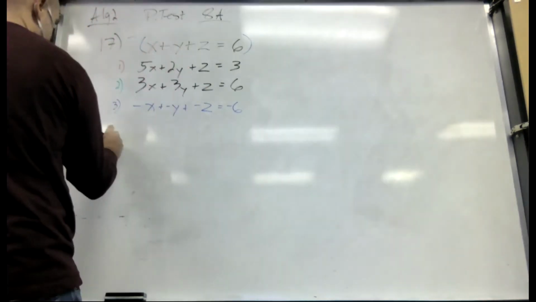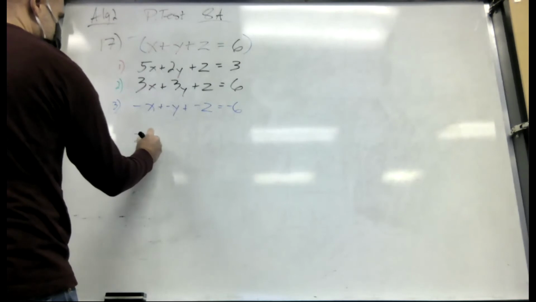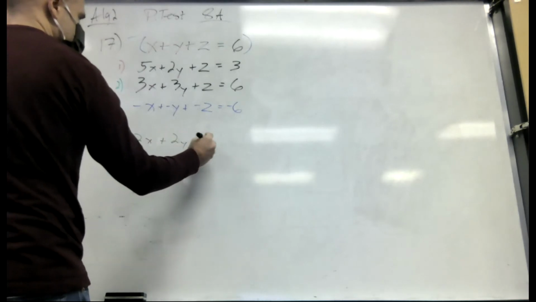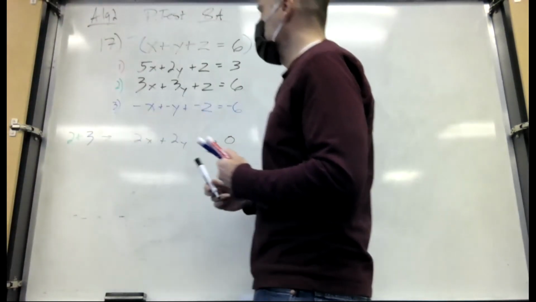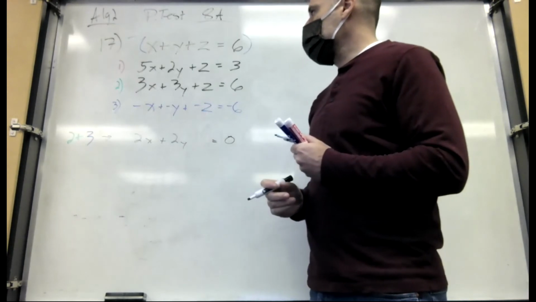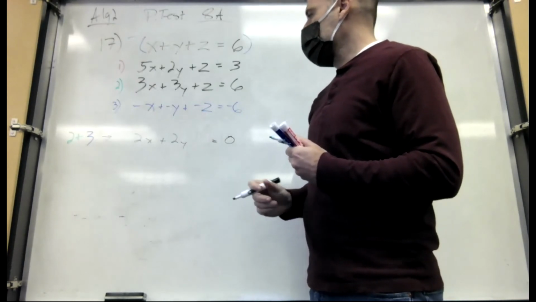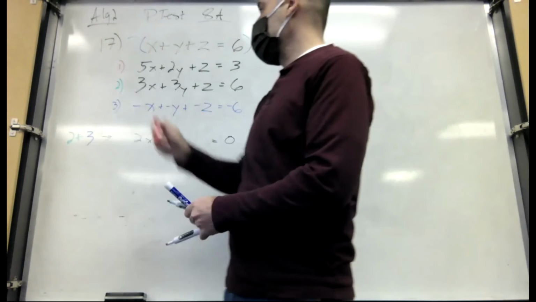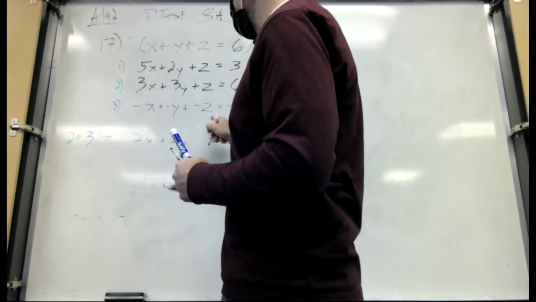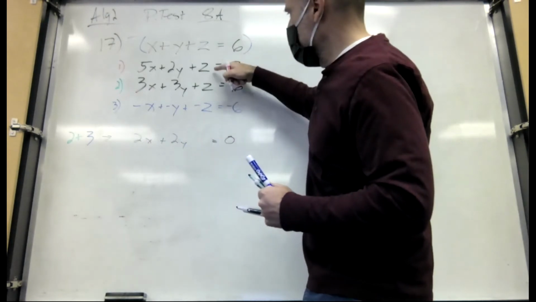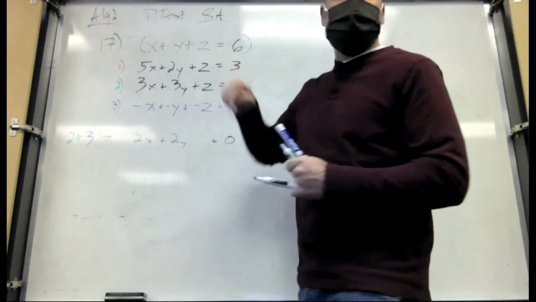I get 2x plus 2y equals 0. Pretty sure so far? No, I'm doing 2 and 3 right now. Is that okay? Okay, so now I'm going to add 1 and 3 together, because that way those z's will cancel there too.